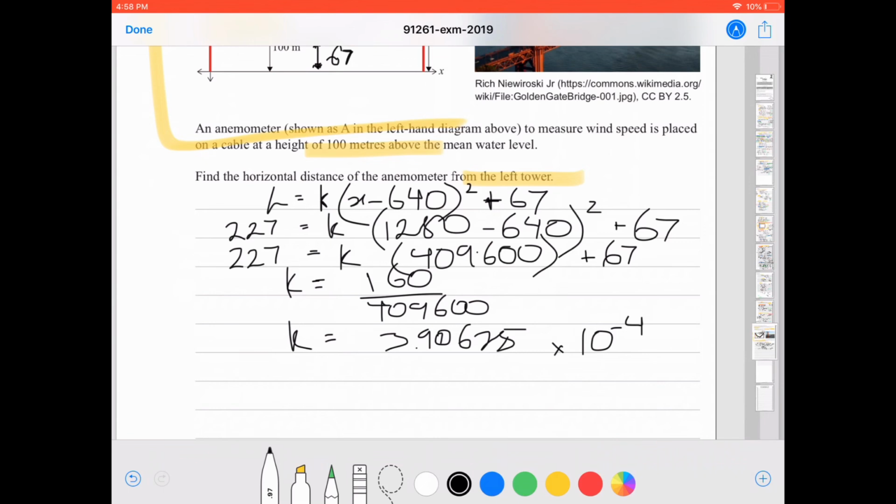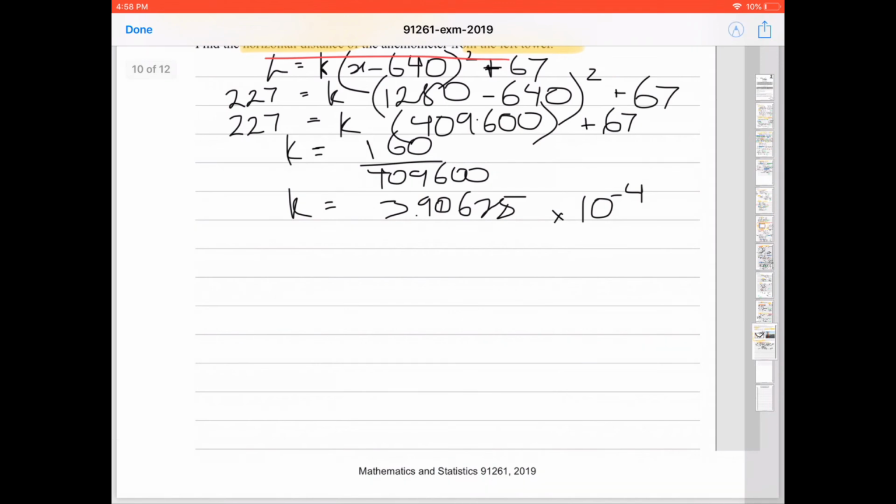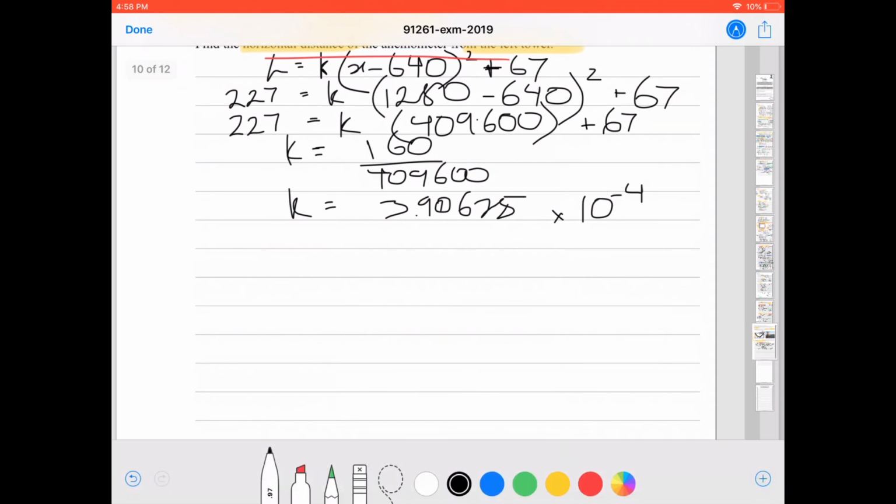And with that, the question is asking for the horizontal distance. So, as mentioned, we're trying to find x, where h is 100. Okay, and so let's write that. We've got, we're trying to find x, and we've been given h, haven't we?